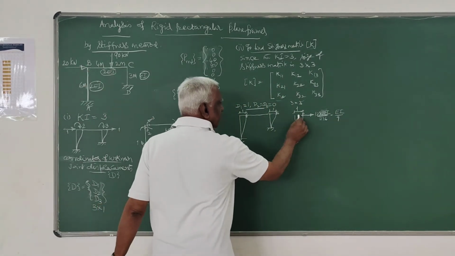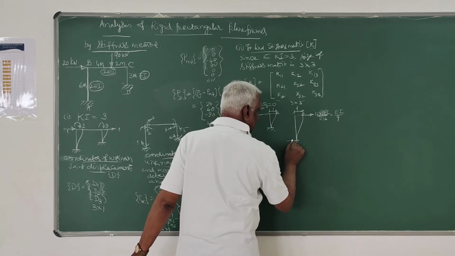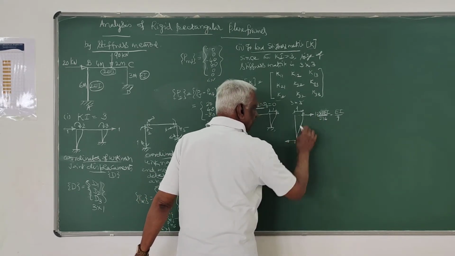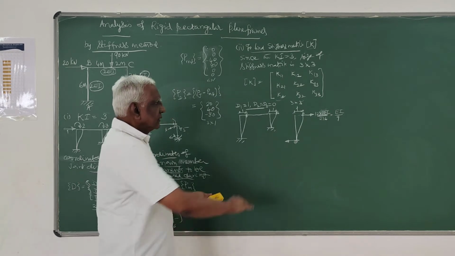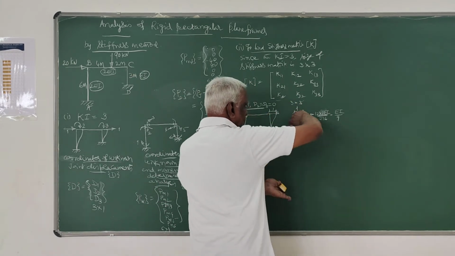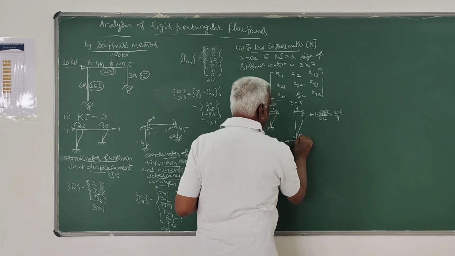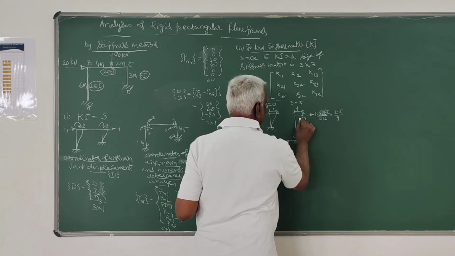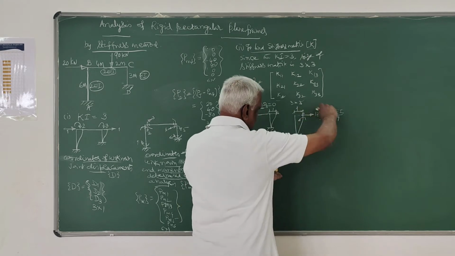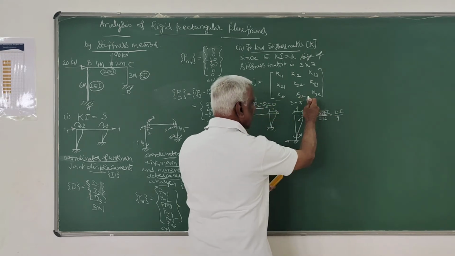So when you have a force like this, here there must be an equivalent opposite force EI by 9. So to keep this in equilibrium, this is a clockwise moment, and here there must be an anti-clockwise moment like that.